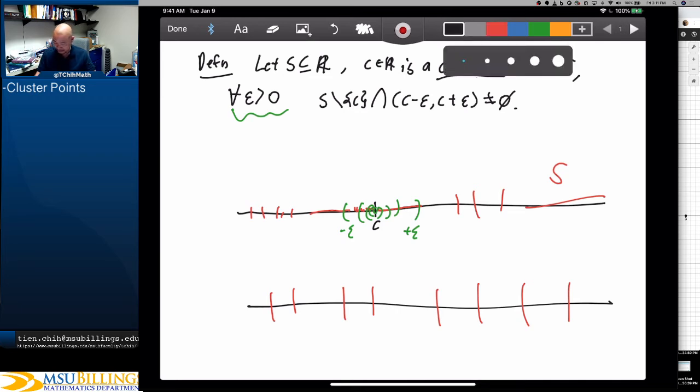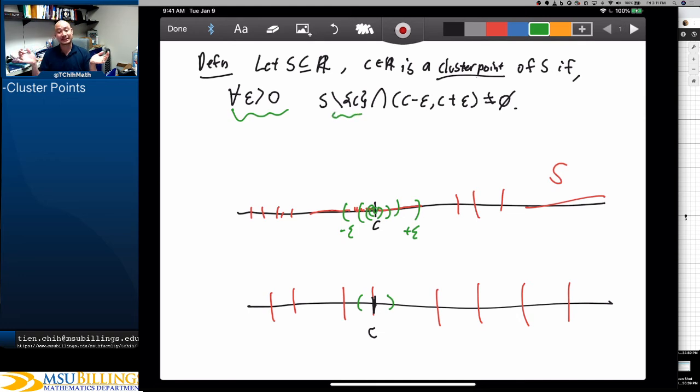So if I were to pick a C, say to be one of the elements of S, I'm going to call that C. I shrink in just a little bit and, well, there's nothing else in there besides C itself, right? But if I get rid of that C, then I just have nothing, right? And so there's no clustering, hence the name, around that C. It's empty after you zoom in for a little while.